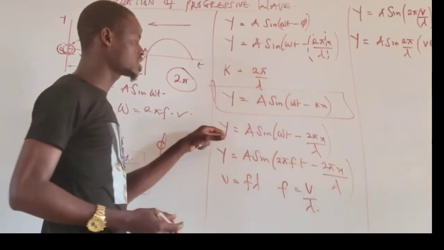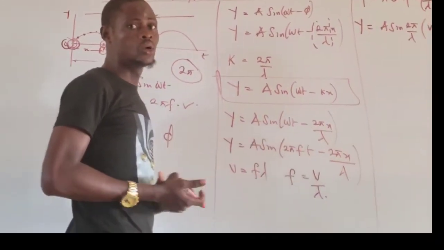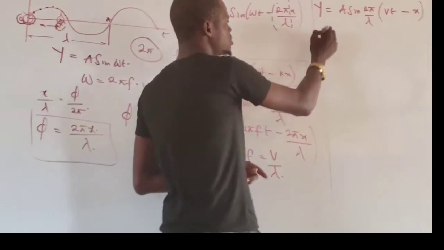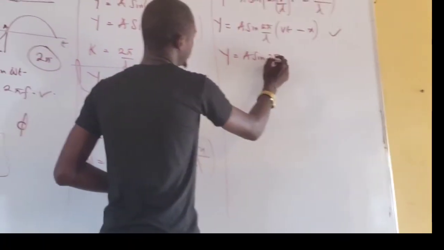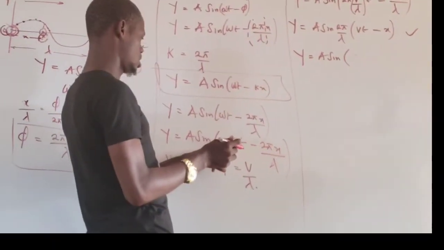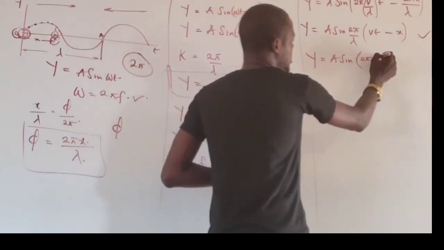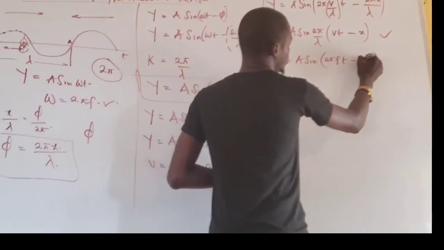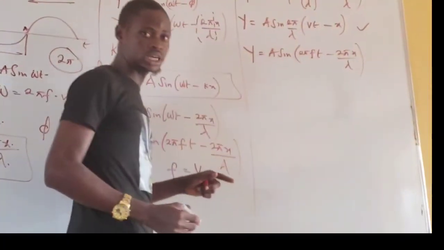Since I have here y equals a sine wt minus 2 pi x over wavelength, this can simply be written as y equals a sine, here I have my 2 pi f times time, minus 2 pi x all over wavelength altogether.